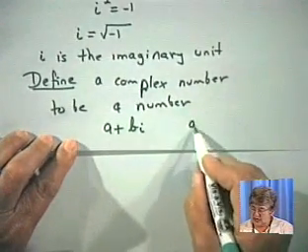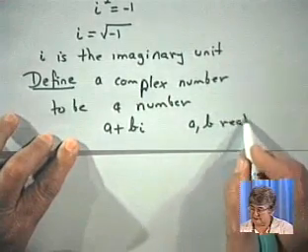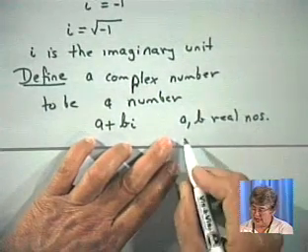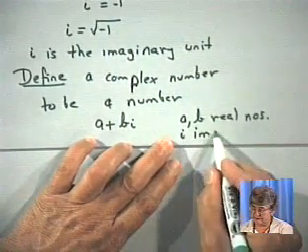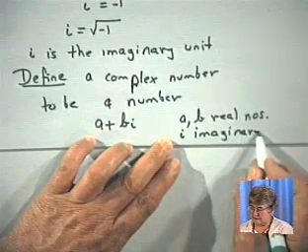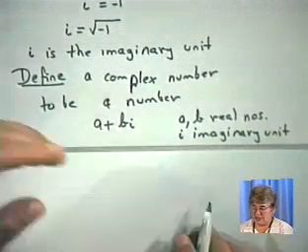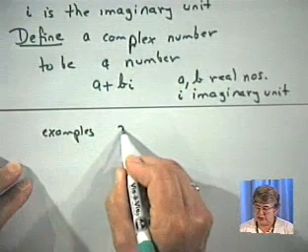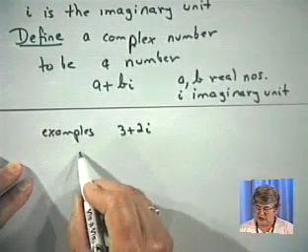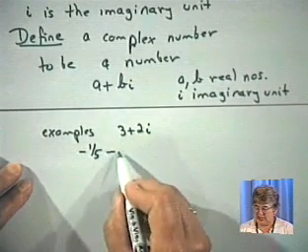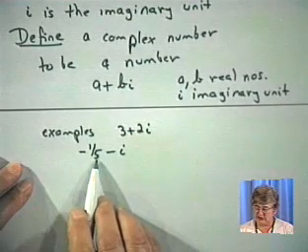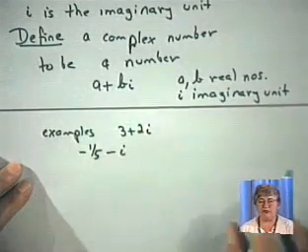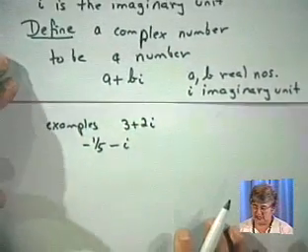The a and b are real numbers. The i is the imaginary unit. So, examples of these are 3 plus 2i, or we could have a negative 1/5 minus i. Because a negative 1/5 is real, negative 1 is real, so it's in the form of a plus bi. That form, by the way, is called the standard form for a complex number.